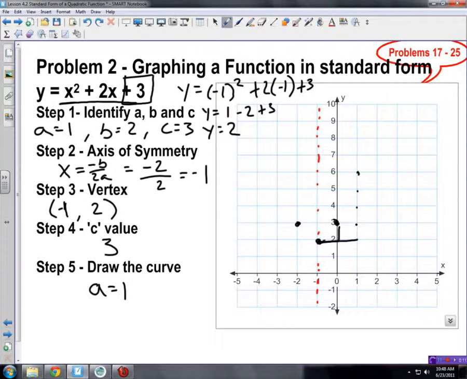And I need to draw that curve like that. Now that's a beautiful looking curve. I'm sure you guys can draw better. So that's graphing in standard form. It's not too much more difficult. The only different part is steps 2 and 3, where we have to actually solve for them first.